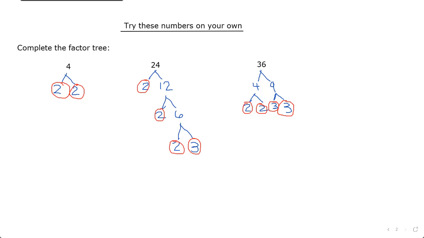Now remember, you might have used different factors in your first row, but you should still end up with the same prime numbers that I have. If you've gotten it right, you are ready to move to the next step, which is understanding the greatest common factor. You can do some questions about greatest common factor, but if you're still struggling, just go back and watch the video.